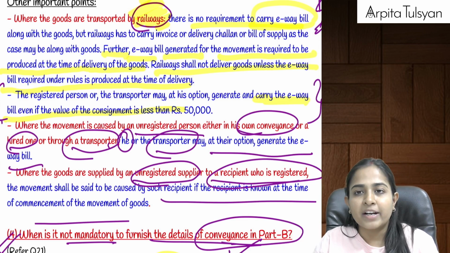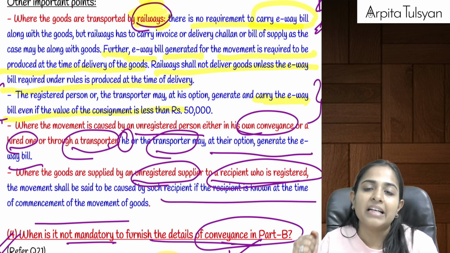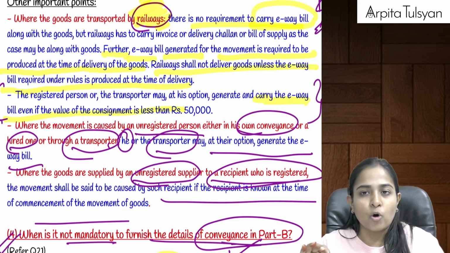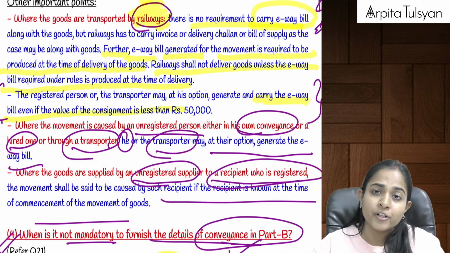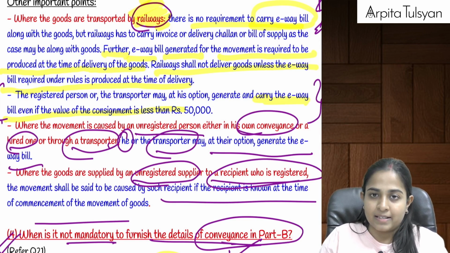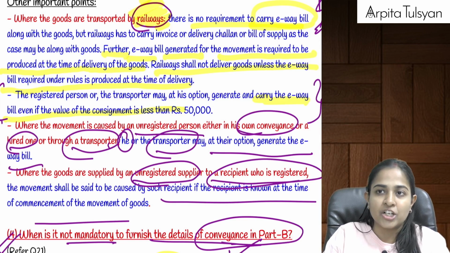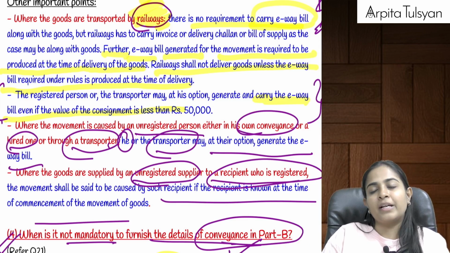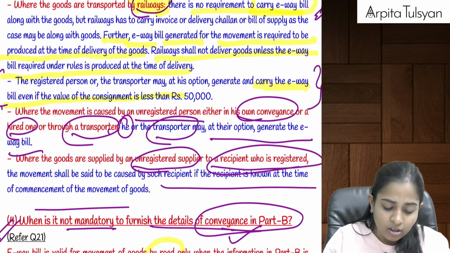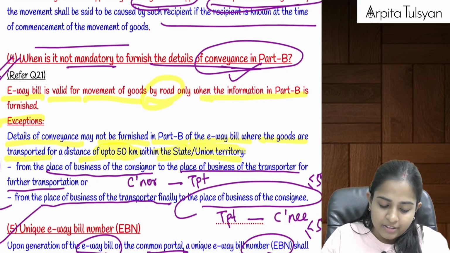Even if the railway just carries the invoice, that is sufficient. Carrying the e-way bill is not mandatory during the movement of goods. But if someone wants to collect the goods from the railways after they have reached the destination, then you will have to show the e-way bill, and only then will the railway give you the goods. Are you clear with this?